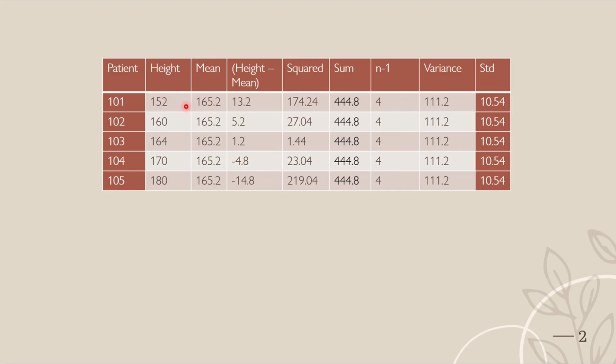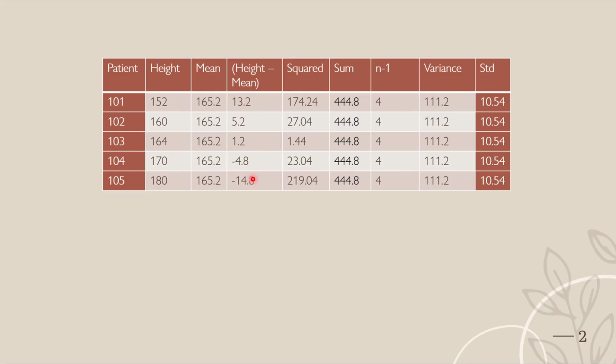Now we calculate the difference between each height and the mean. If you take the difference, 152 minus the mean gives 13.2 for one data point. Again, 160 minus 165.2 is 5.2. Likewise we calculate this for each data point.